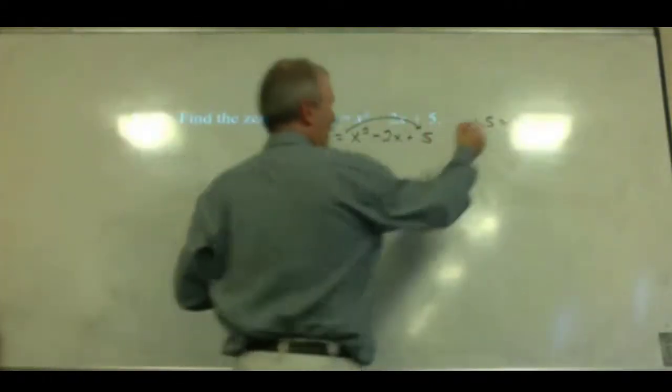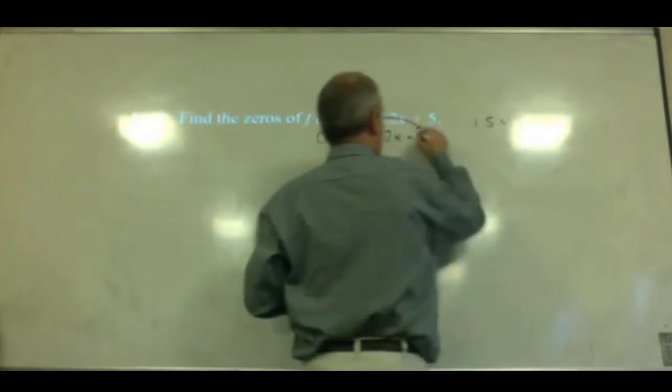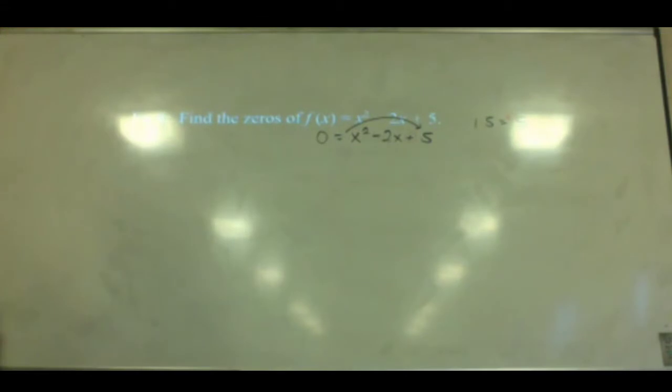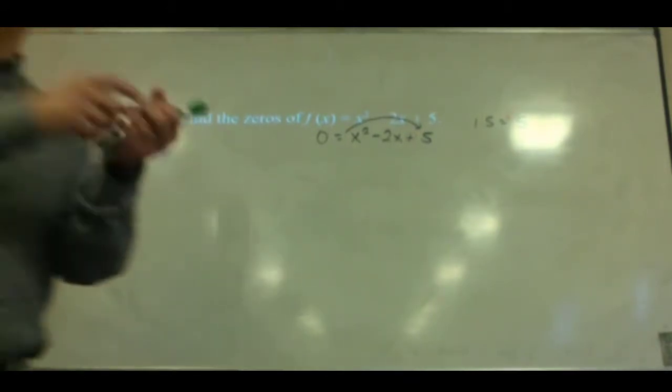And then some review from factoring. Once we have that written down, remember we look at this, it's a positive 5. And what does the fact that it's positive tell us about the two numbers we're going to have to look for? The signs are the same because they need to multiply together to be a positive 5, right? So that means either two positives or two negatives.